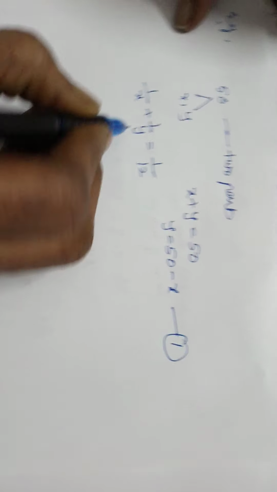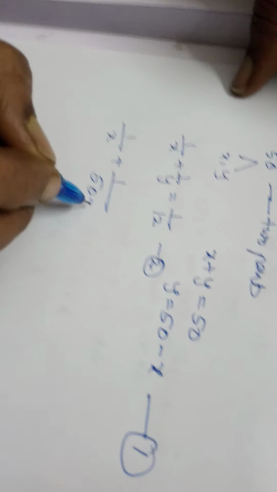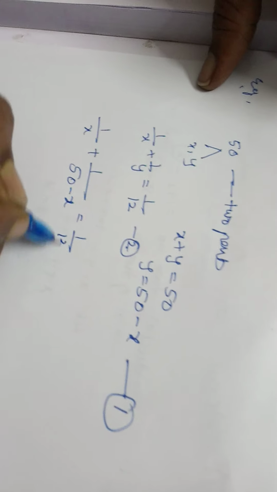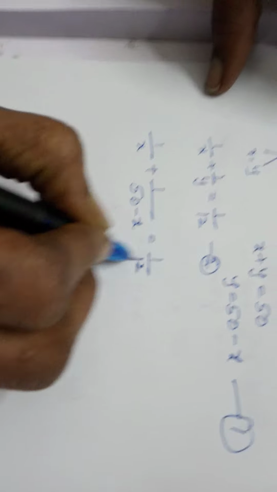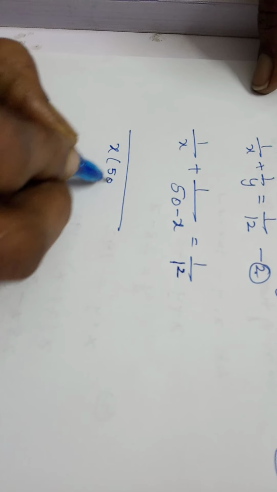So this is the first equation. Now we'll substitute 50 minus x for y. This is the second equation: 1 by x plus 1 by 50 minus x is equal to 1 by 12. As everything is in the denominator, we have to take the LCM. x into 50 minus x is equal to 1 by 12.